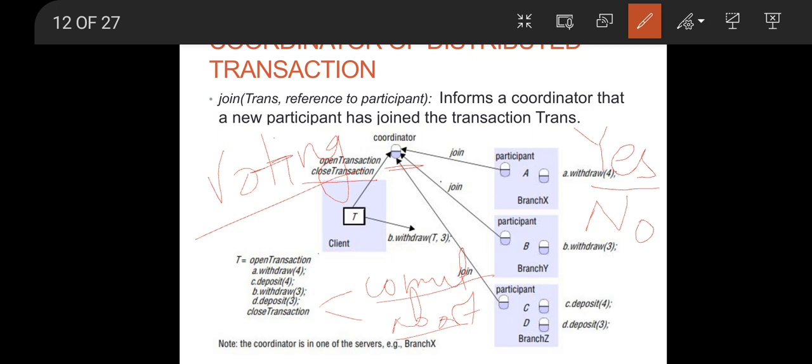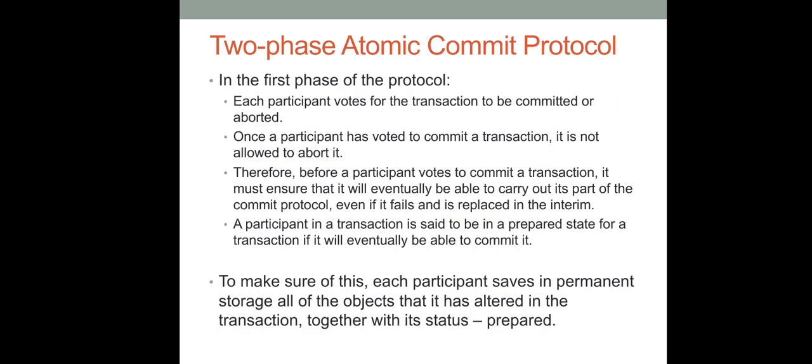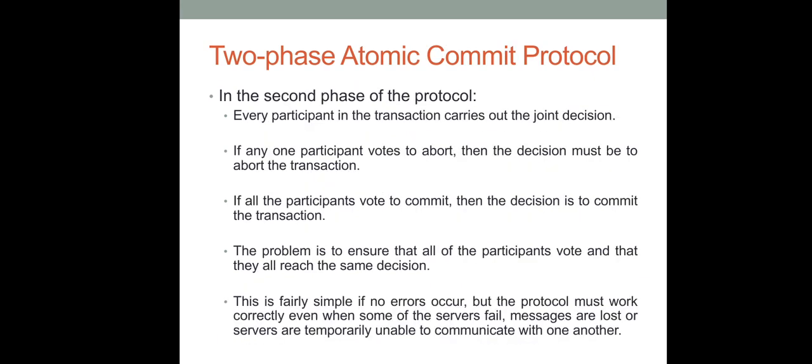So why this is called a two-phase atomic commit protocol is that the entire process has been divided into two parts. In the first part, once the coordinator gets the close transaction request, it will perform the voting operation. That is, it will ask all the participants to vote either yes or no. Now, based on the votes collected, in the second phase, the coordinator will take the decision regarding whether the transaction is to be committed or aborted.